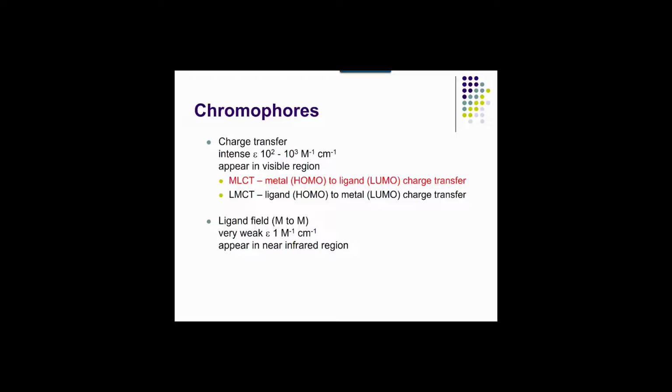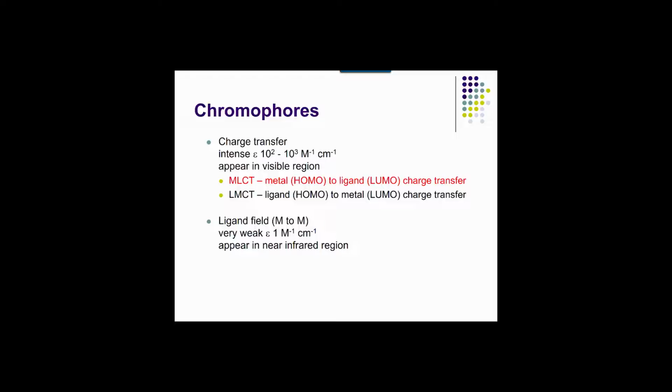And the LUMO in these transitions, the lowest unoccupied molecular orbital, the orbital where the electron will be transferred to, is an electronic orbital primarily centered on the ligand. And a ligand is the organic residue to which the metal binds in a transition metal complex. So in MLCT transitions, the HOMO is metal-centered, and the LUMO is ligand-centered.